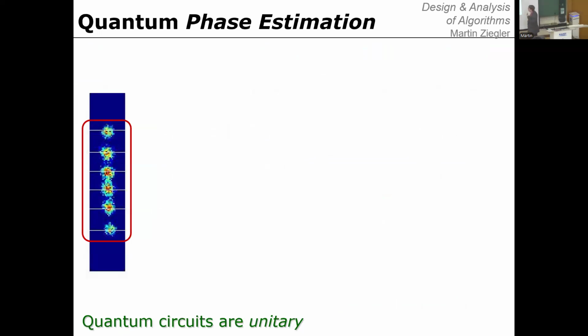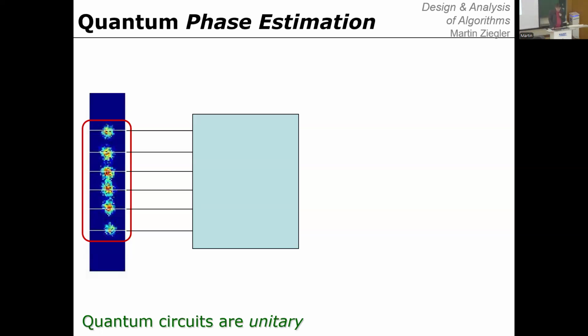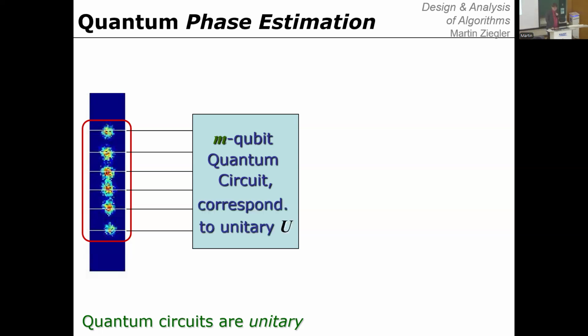And now we've been talking already about quantum phase estimation, which is a kind of meta problem where the input is not just an input state, but also an input unitary matrix given by a quantum circuit on, let's say, m qubits.